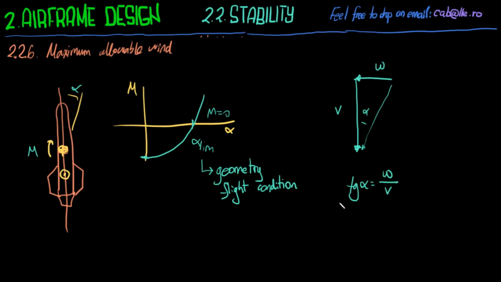And the tangent of alpha equals w over v. If we substitute alpha for the alpha limit, we could find w equals tangent of alpha limit times v.